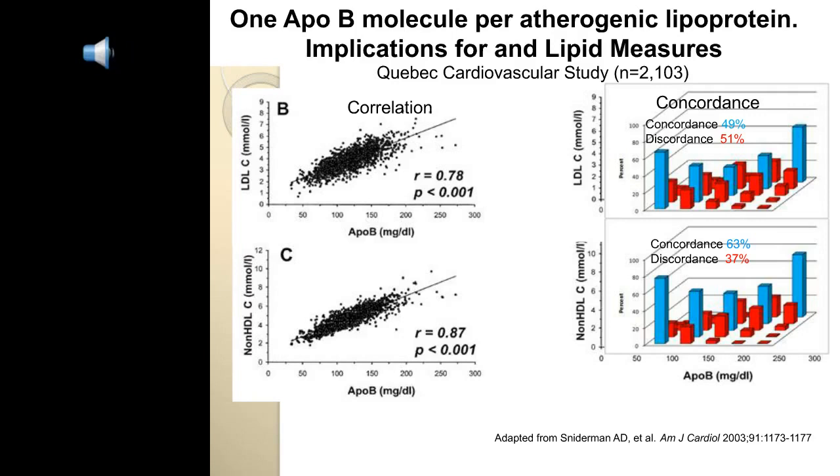And if we first of all look at LDL cholesterol, our usual marker of atherogenicity, we see that although there's good correlation on the left-hand side, the degree of concordance is rather disappointing at only around about 50%, and it is in fact surpassed by a much simpler measurement, the measurement of non-HDL cholesterol, simply the difference between total and HDL cholesterol, and that the correlation is better, and indeed the degree of concordance is better, with nearly a 2-to-1 ratio in terms of favourable agreement versus discordance.